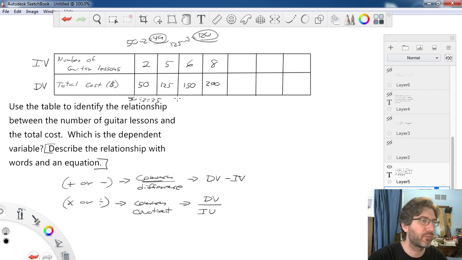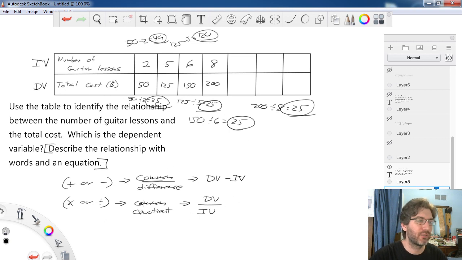And you'll note that 125 divided by 5 also equals 25. 150 divided by 6 equals 25. 200 divided by 8 equals 25. And you'll note that all of them are 25.